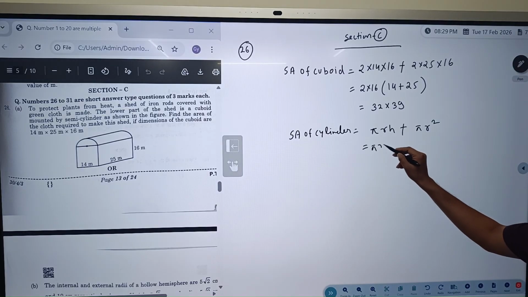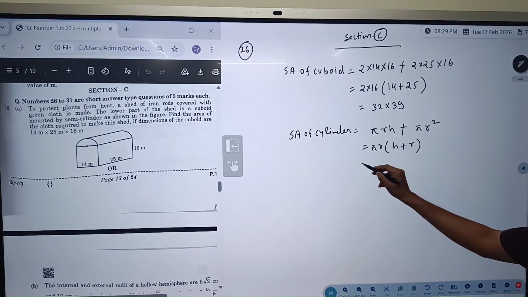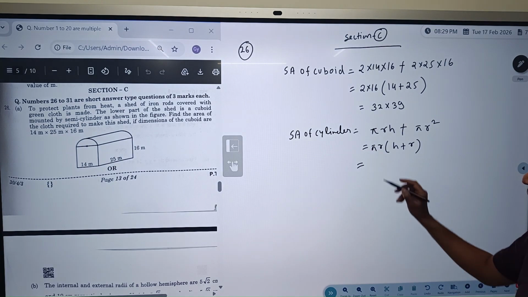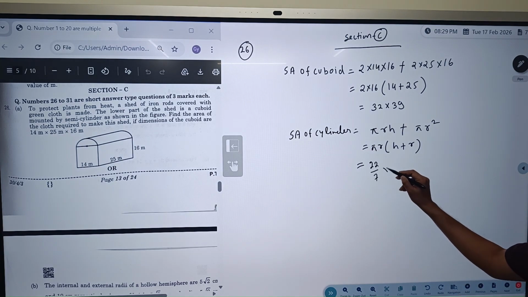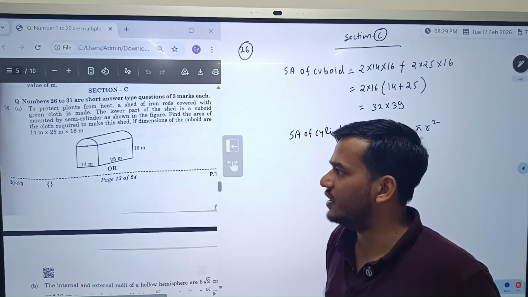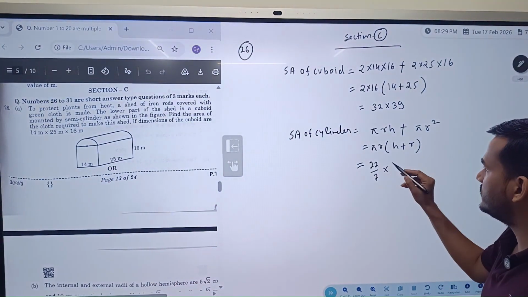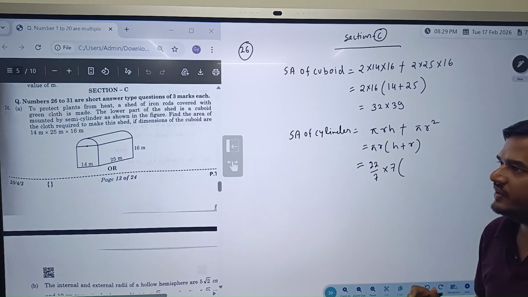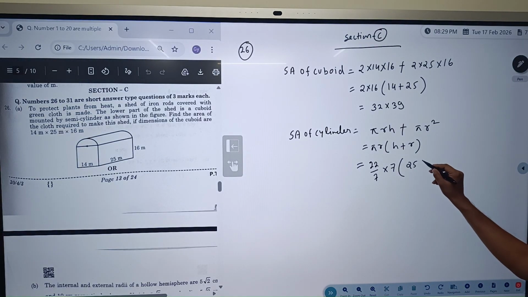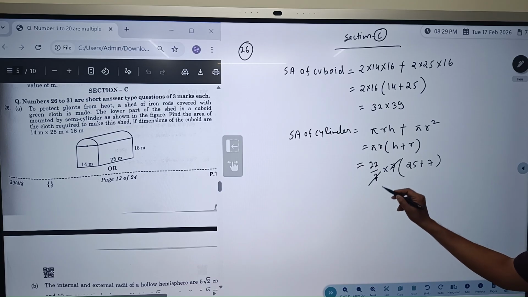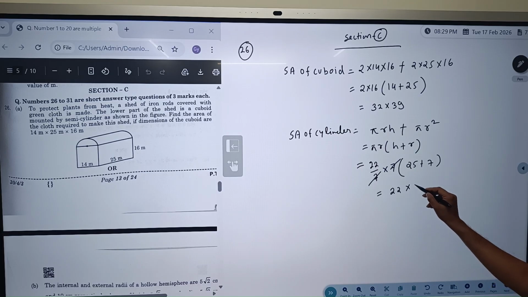Pi r is common, h plus r. Now we substitute all the values. Pi is 22 by 7. The radius of this cylinder is half of 14, that is 7. The height of the cylinder is 25, so 25 plus 7. This 7 and 7 cancel, so 22 into 32. This is the surface area of the cylinder.